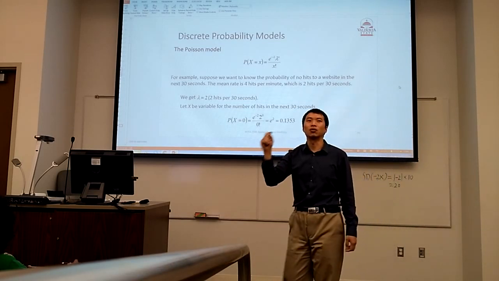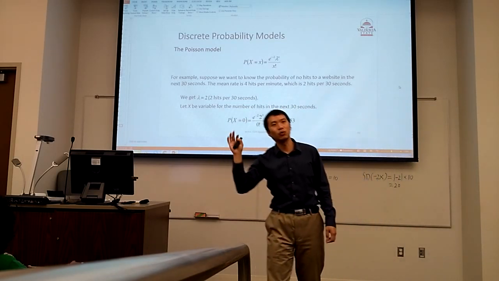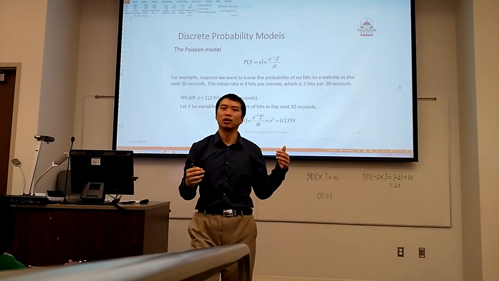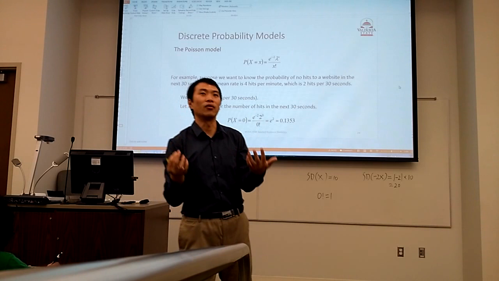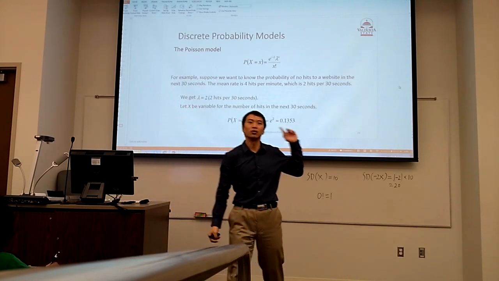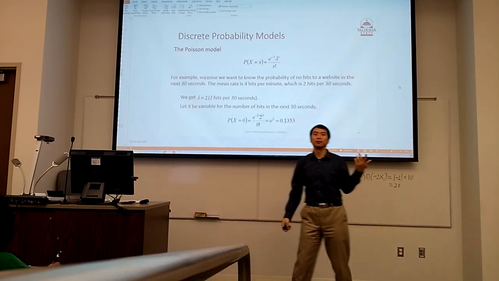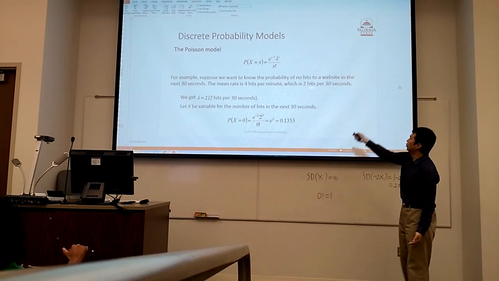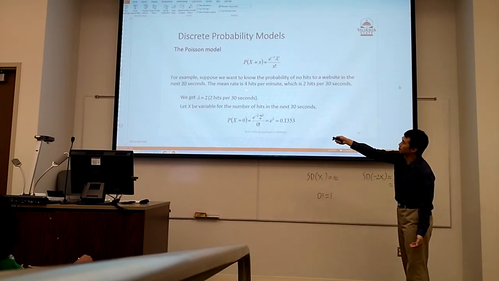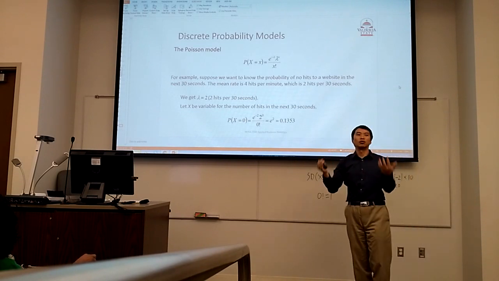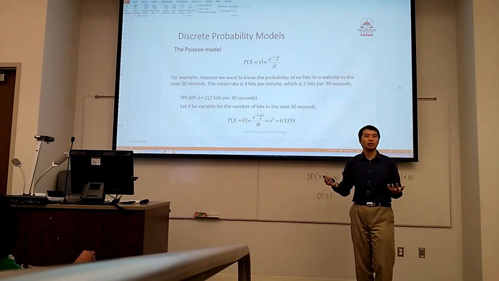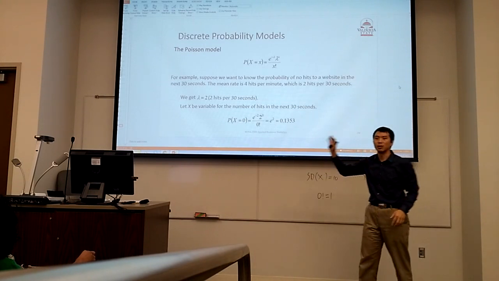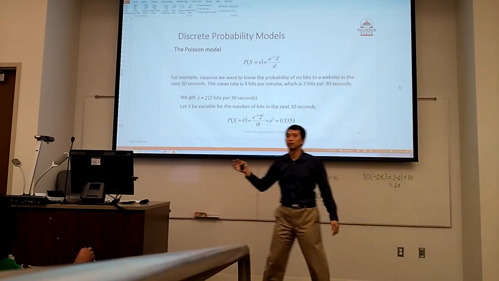So after reading this description, if you realize this is about something arriving, then you need to know that to use the Poisson model, you also need to have a mean arrival rate. Combining those two things, you will know this is about the Poisson model.